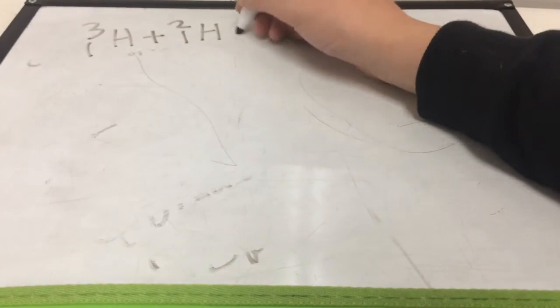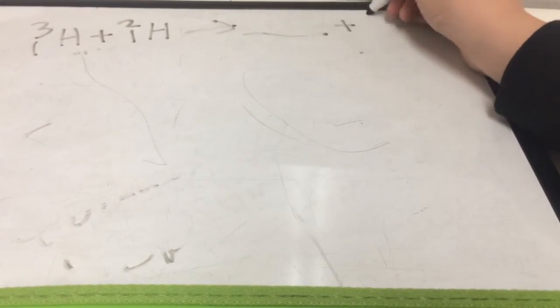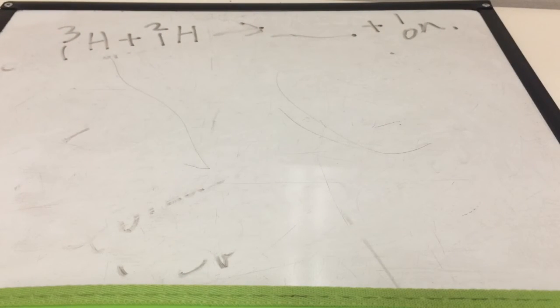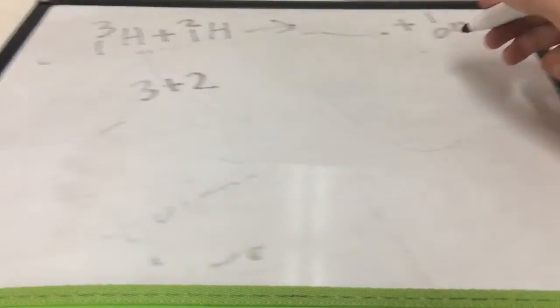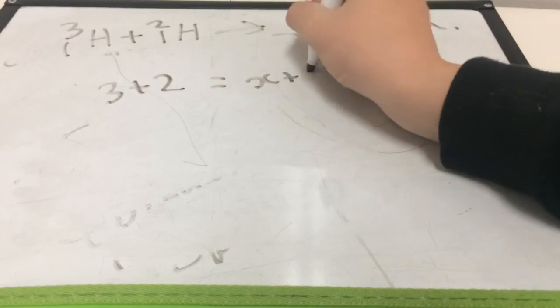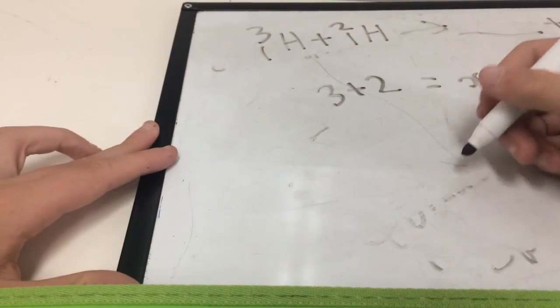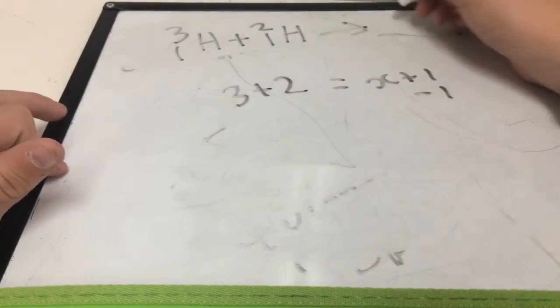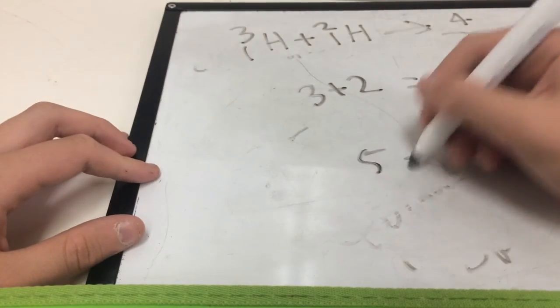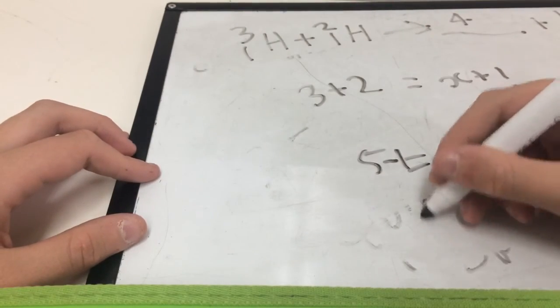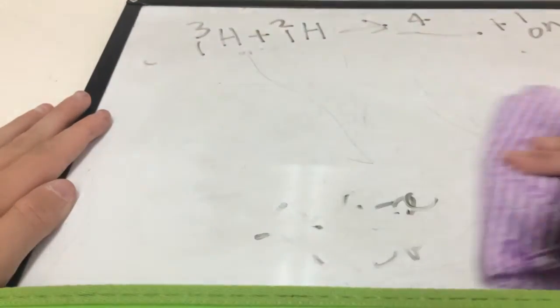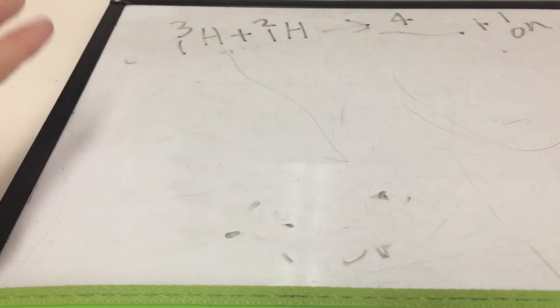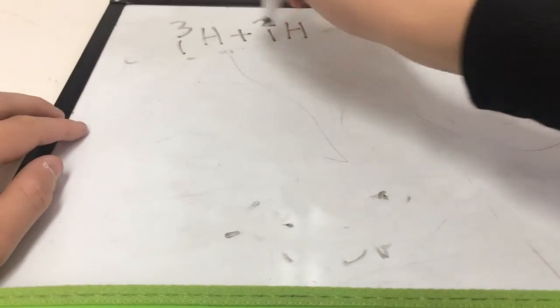This is a fusion equation. I'm going to put an X here and see if you can work out what the bigger nucleus is. We've got a neutron. What do you reckon it is? Take a pause and work it out. Okay, it's pretty simple. 3 plus 2 on the top is going to equal X plus 1, so 5 minus 1 is 4. Next, what's 1 plus 1?